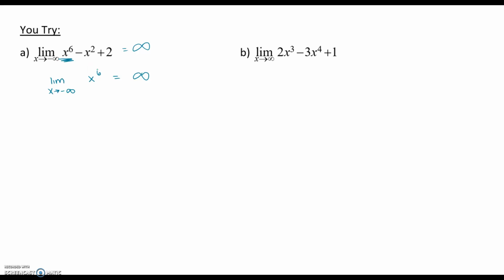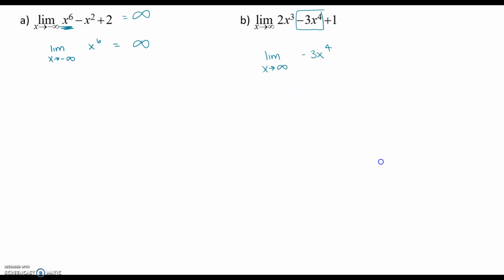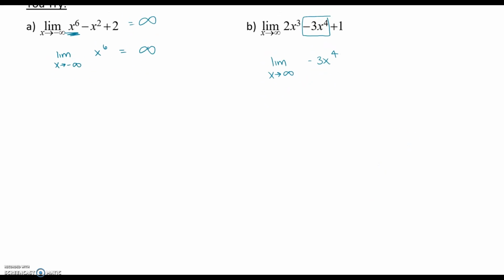Okay, so negative 3x to the 4th is what we want to focus on. That's our leading term. So the limit as x is going to positive infinity of negative 3x to the 4th. We need to separate the exponent and the coefficient, so we use our properties of limits. Negative 3 times the limit as x approaches positive infinity of x to the 4th.